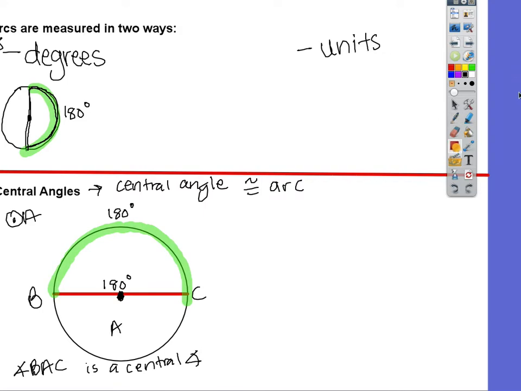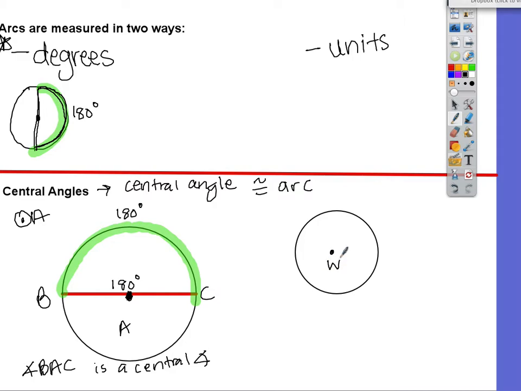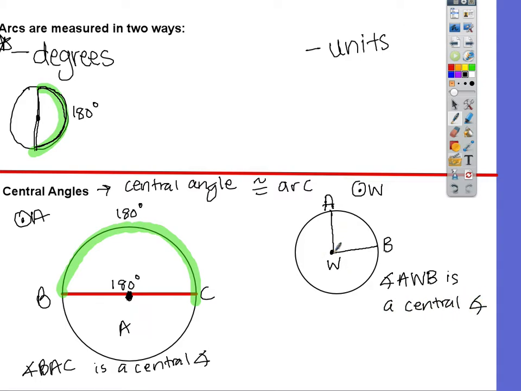I can draw other central angles. So let's call this circle W. In circle W, angle AWB is a central angle. It's an angle whose vertex is the center of the circle.